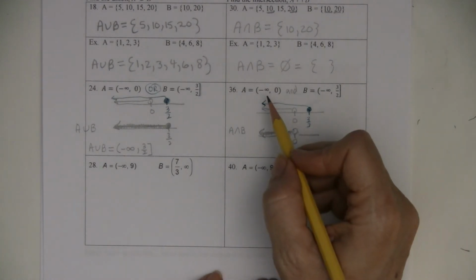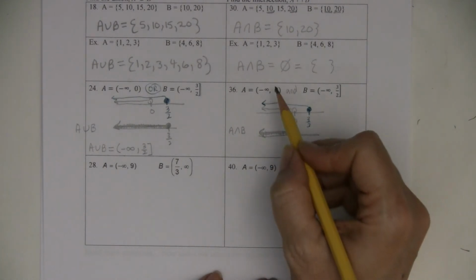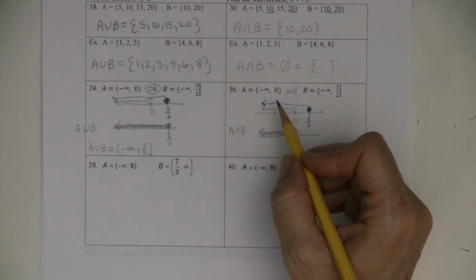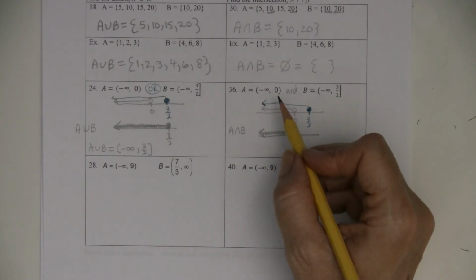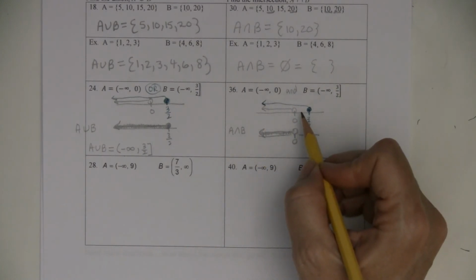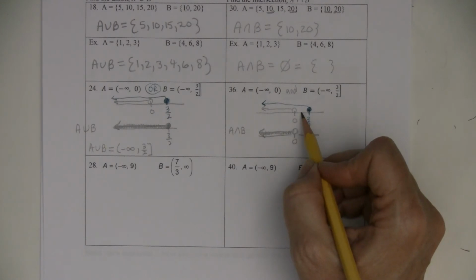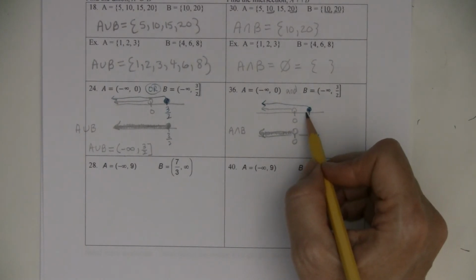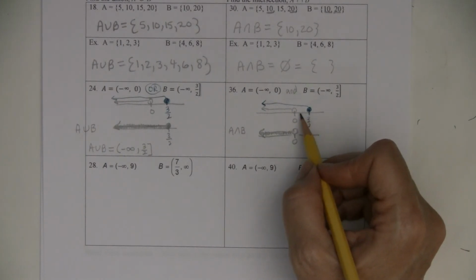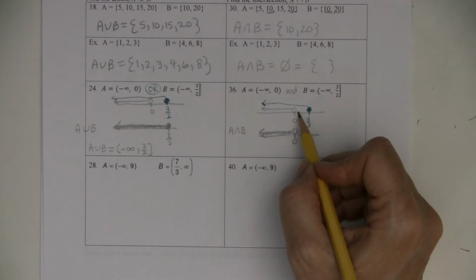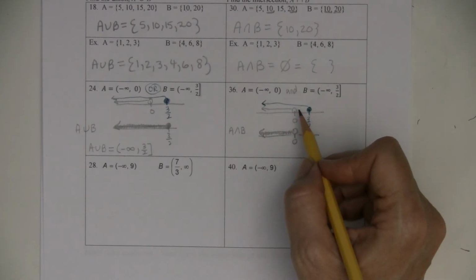Are they being invited to be part of the intersection, A intersect B? And the answer is no. You have to be invited by both, but only B invited 1, and only B invited 1 1/4, and because this is 1.5, only B invited 1.3, and only B invited half, and so they don't get to come.